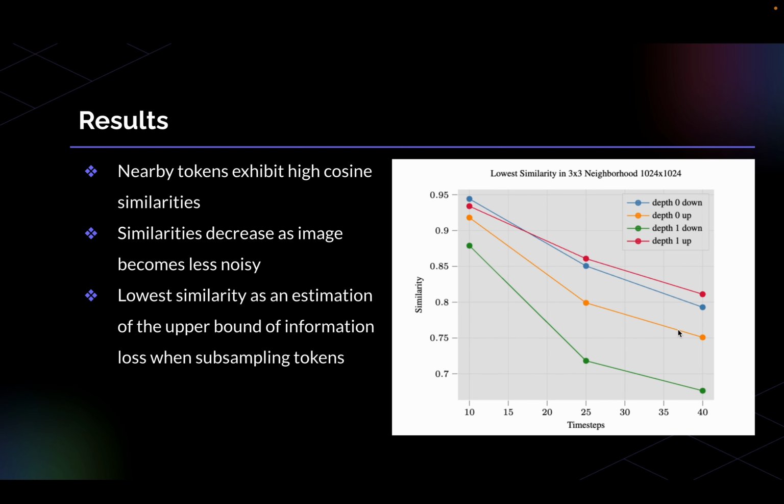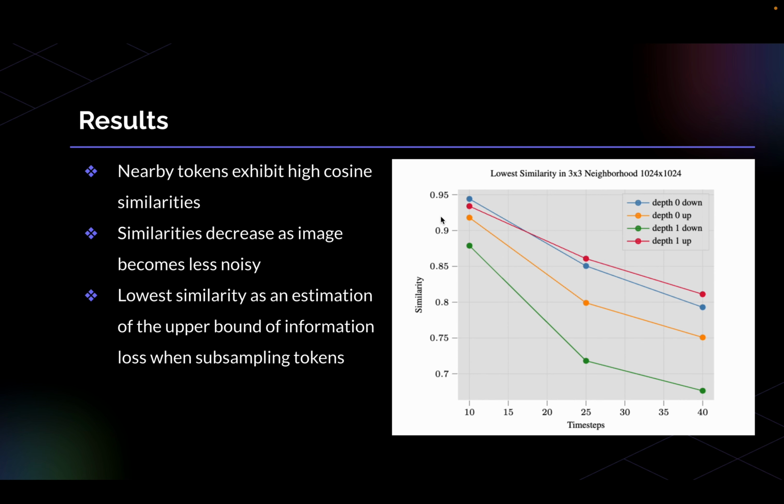We see that the neighborhoods of tokens exhibit very high similarity, where we actually plot the lowest similarity in that neighborhood to show sort of an upper bound to the information loss you would have when removing these tokens, basically.